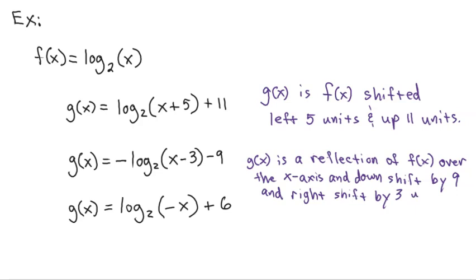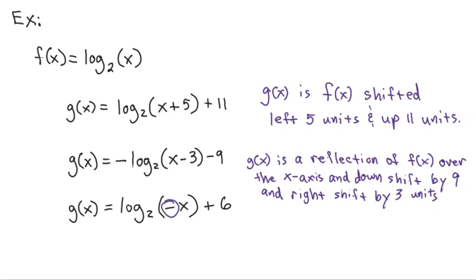And what about this third one here? Okay? This third one, g of x, why don't you pause the video and try and figure this one out on your own? All right, so we have log base 2 of negative x. Now notice we don't have a plus or minus with the x, so there is no left or right shift. But because this negative is inside with the x, that means that this is a shift across the y-axis. This is a sideways shift. It's shifting from here over to here, okay?